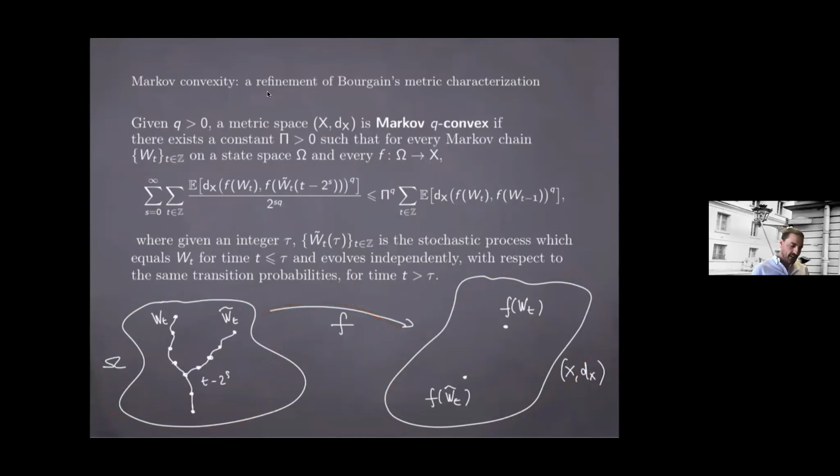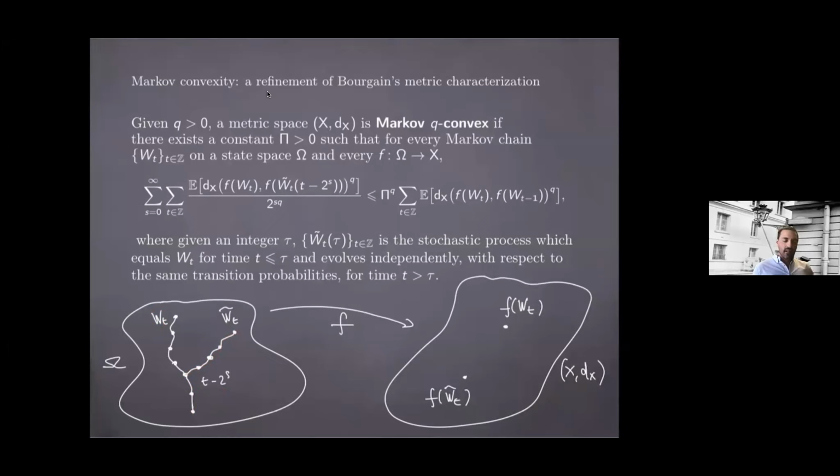Okay. Now you take a Markov chain and you let this Markov chain evolve. So this is W_t up to time t. And then you look at another Markov chain that behaves as follows. First, you pick a scale, and this second Markov chain, W tilde, evolves exactly the same as W_t until time t minus 2 to the s. And after this time, it just evolves independently, but according to the same transition probability.